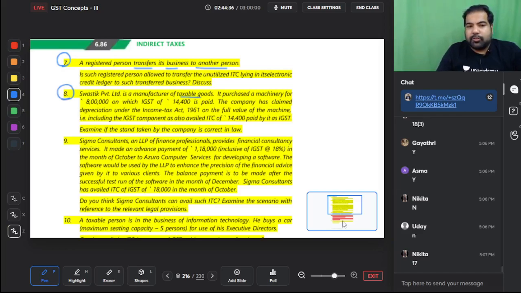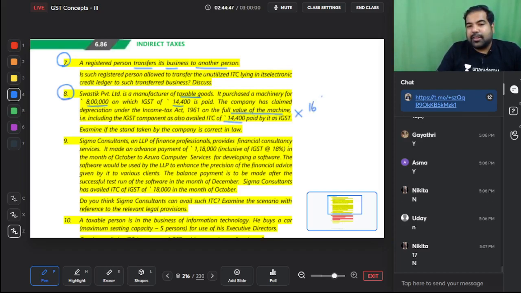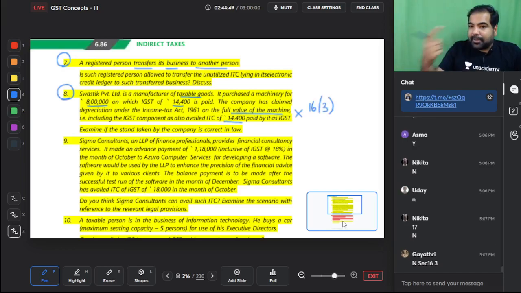They purchased a machine for 8 lakh on which IGST of 14,400 is paid. The company has claimed depreciation on the full value of the machine. Guys, will they get ITC? No. Section 16(3) says that you can either take depreciation or take credit. You cannot take both. Excellent.